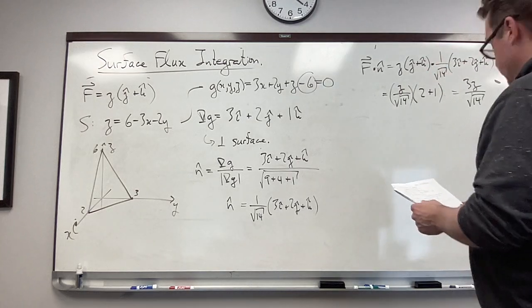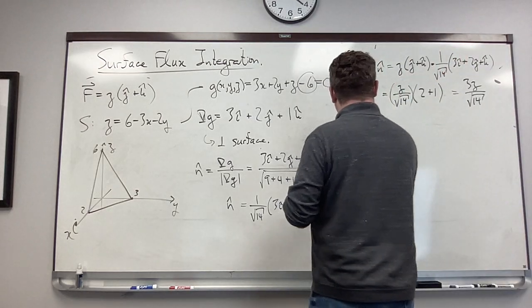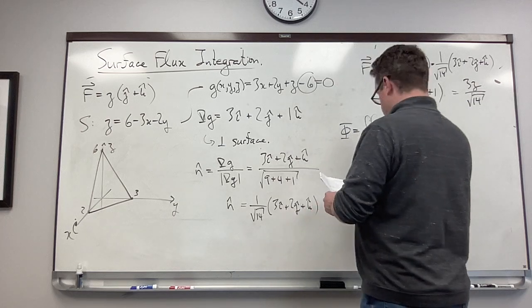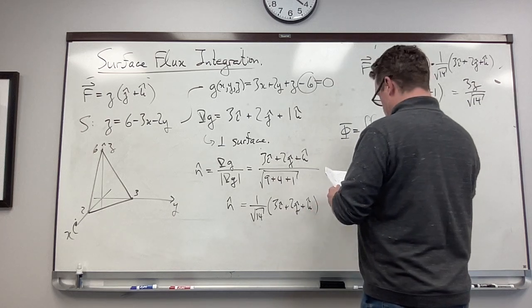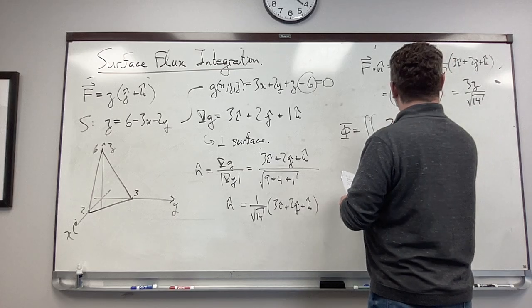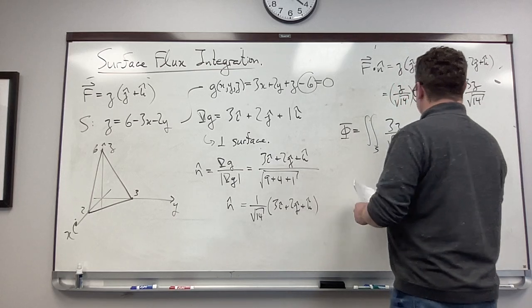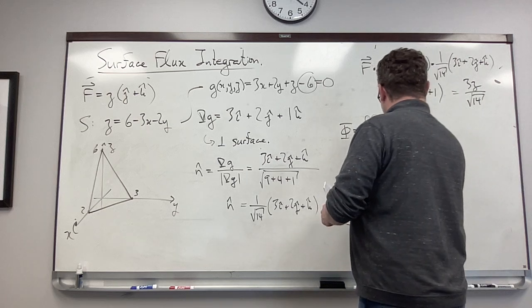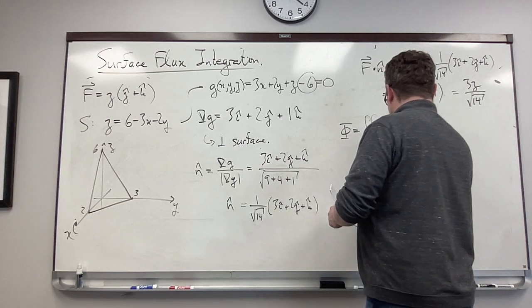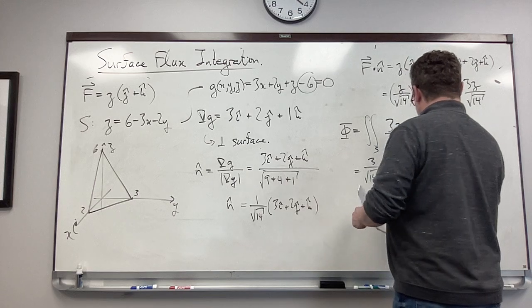Which makes sense. So therefore our flux will be equal to this surface integral of 3z over square root 14 dS. So this is clearly 3 over square root 14 times the surface integral of z dS.